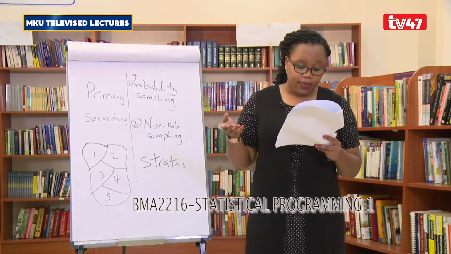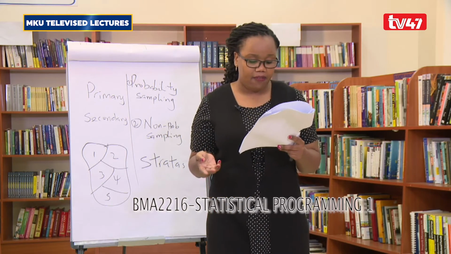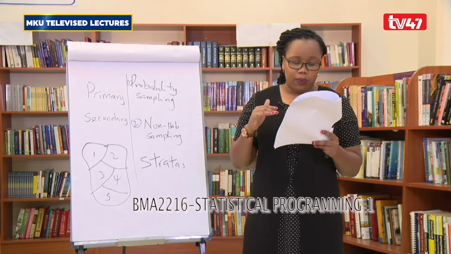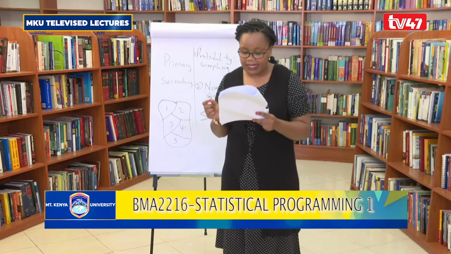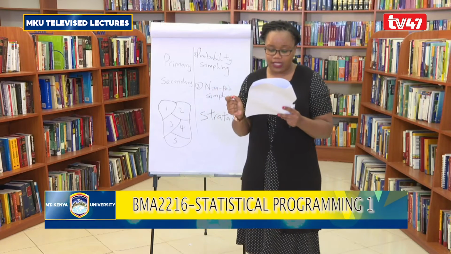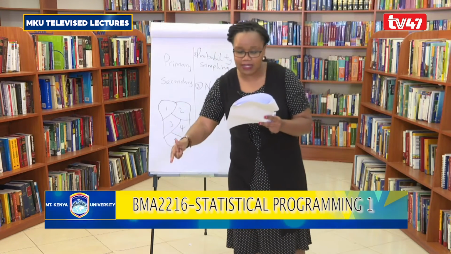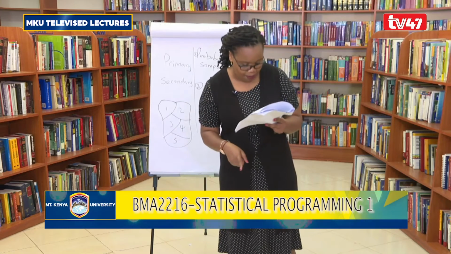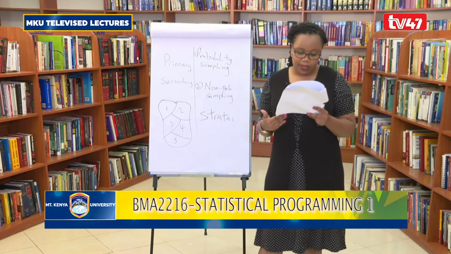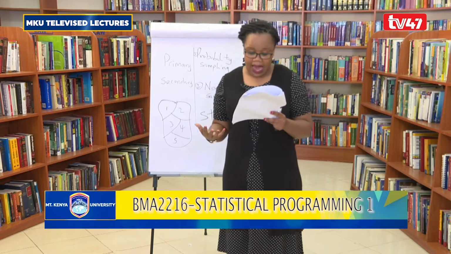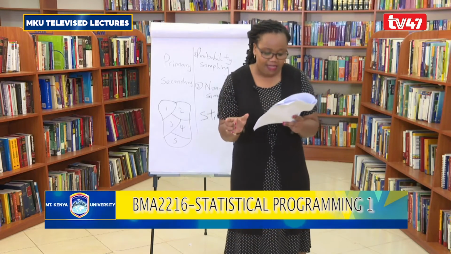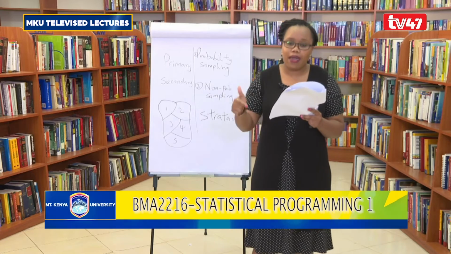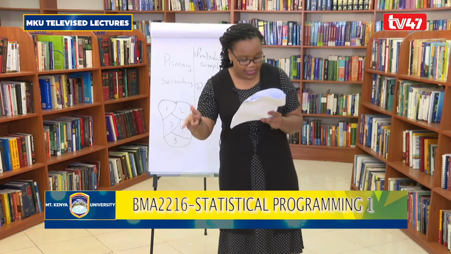Convenience sampling is where population elements are sampled simply because they are in the right place at the right time. Then we have judgment sampling, where population elements are selected because the researcher believes they meet the requirements of the study.